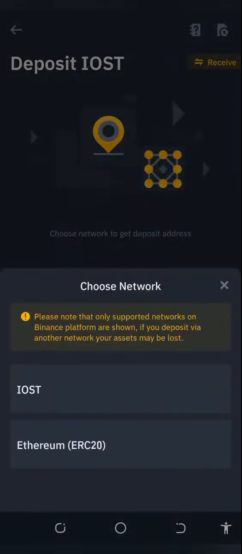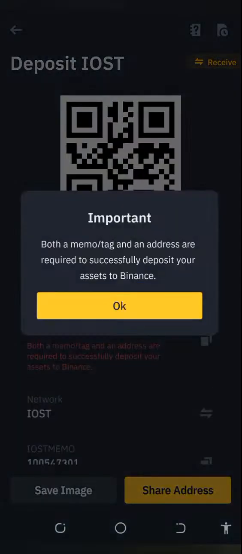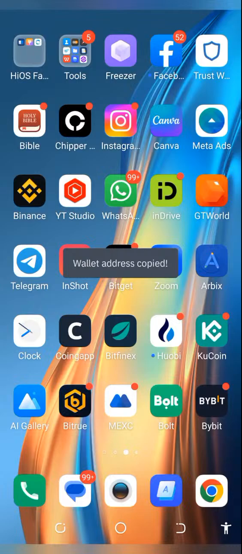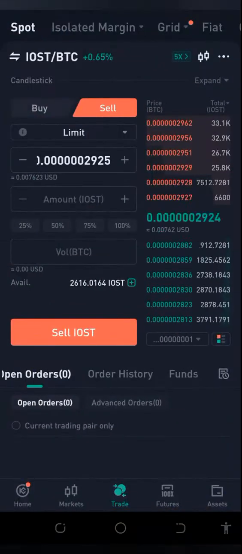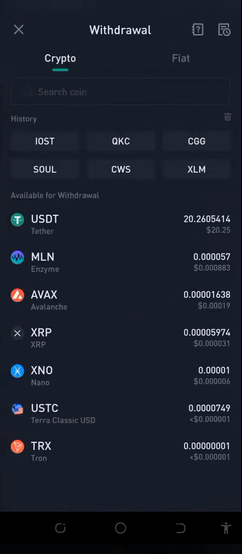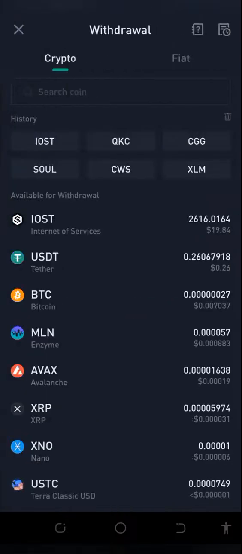We click on IOST. It says both the memo and the tag. So let's click on this and copy that. And then we quickly go over to our KuCoin where we are going to withdraw. So we're withdrawing that quickly.